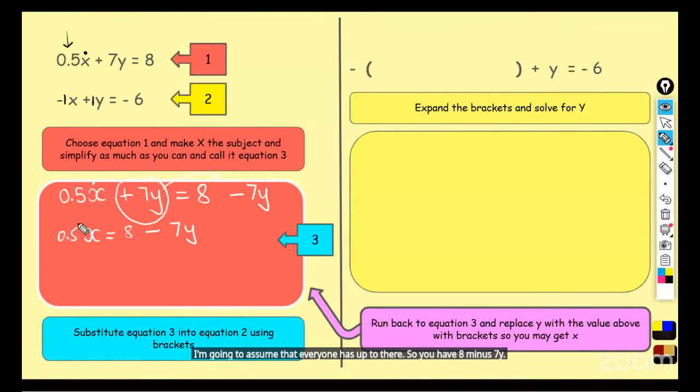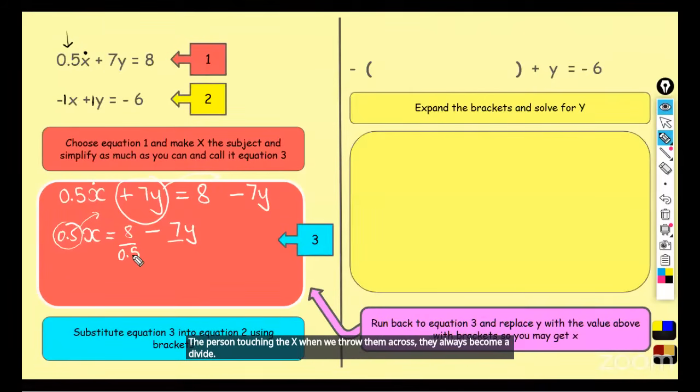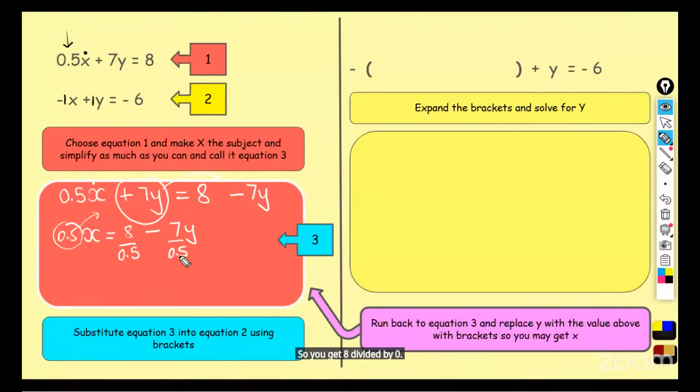We still have to throw across the 0.5, right? So the person touching the x, when we throw them across, they always become a divide. So you get 8 divided by 0.5 and 7 divided by 0.5. If you take out your calculator, I know this looks not too common, like you already see a decimal.